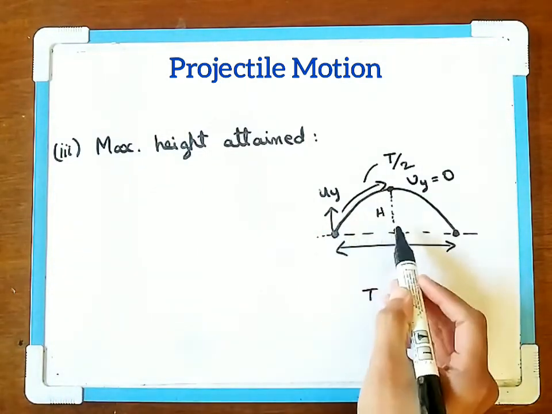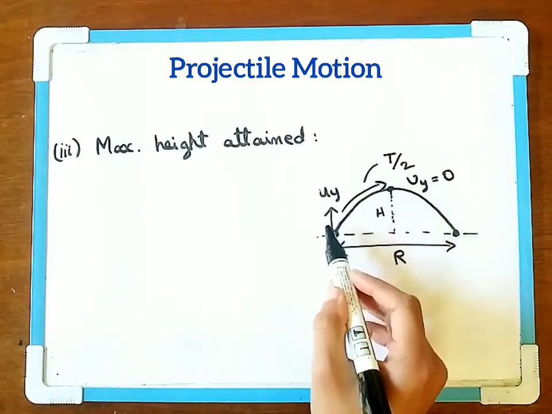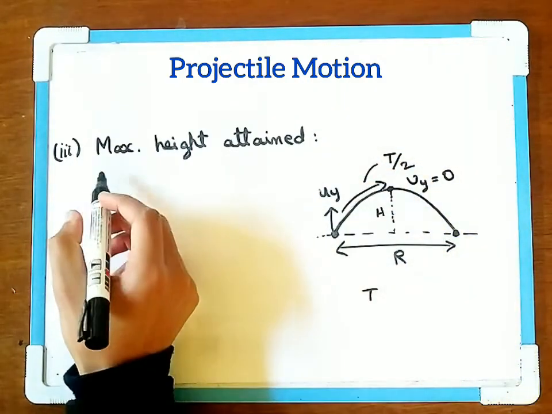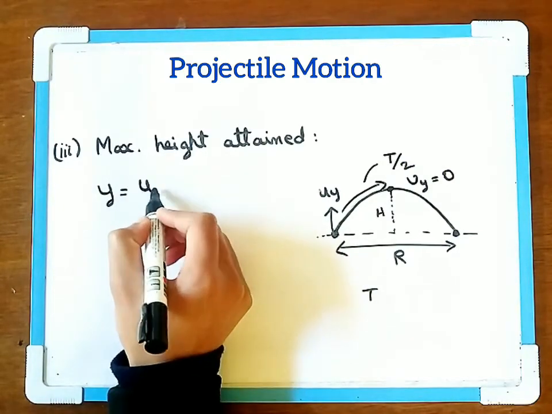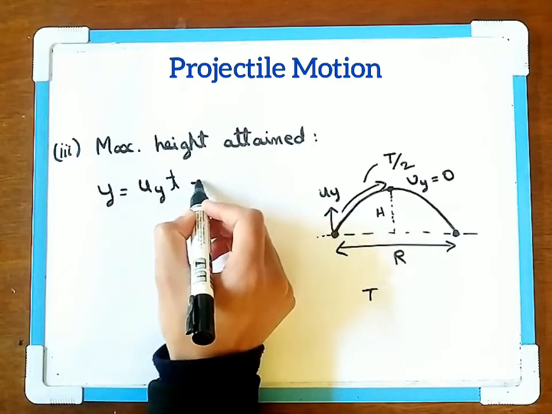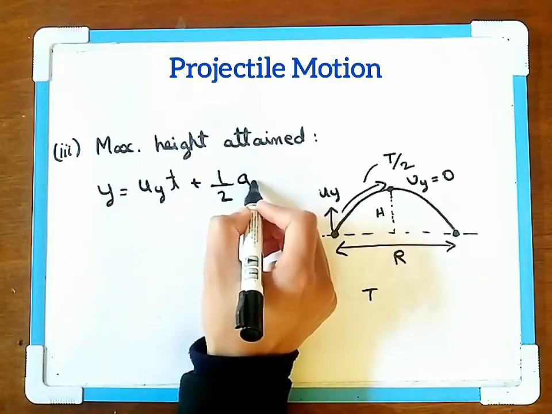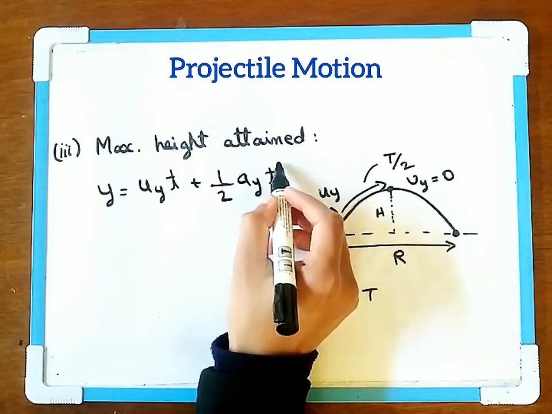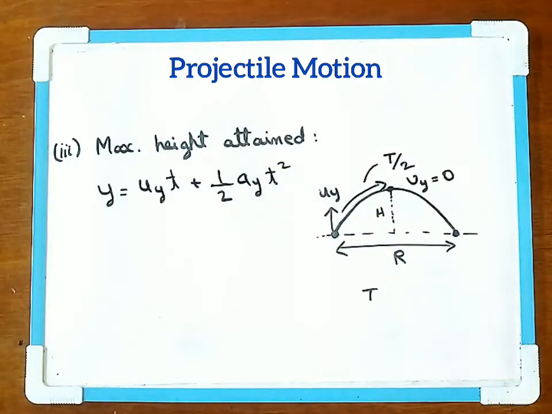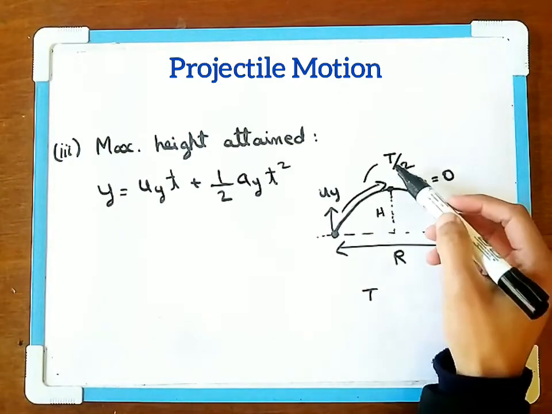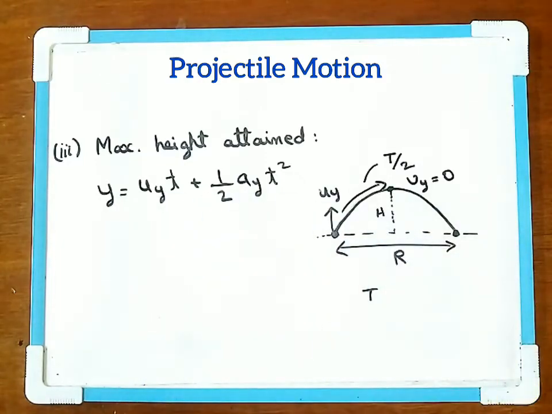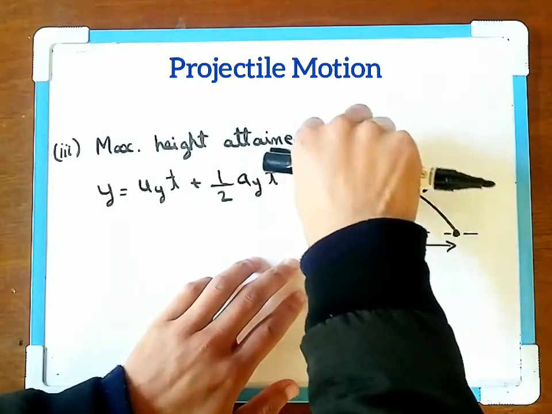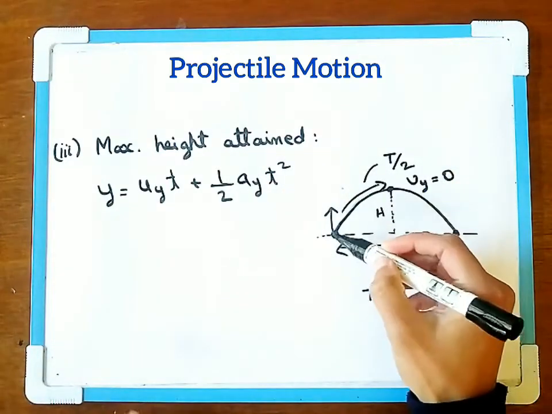And since this h is the distance along the y-axis, we'll have to use this equation: y is equal to Uy t plus half ay t squared. Then we know that at t is equal to T by 2, this y is equal to h. So this is the y-axis.